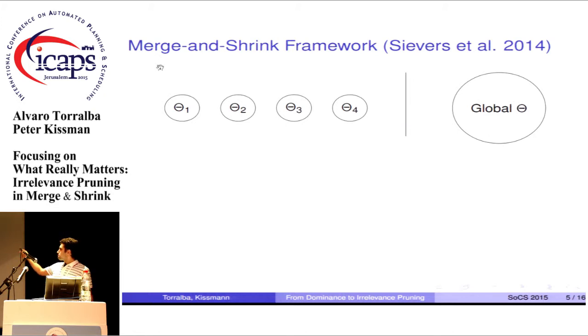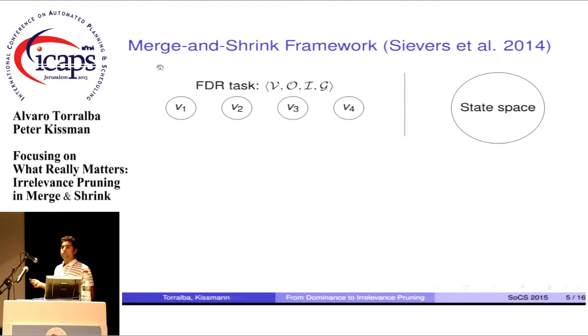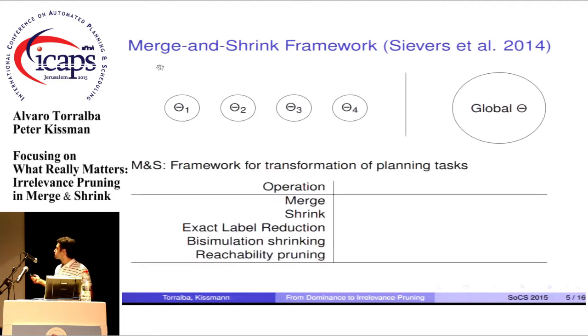Basically, in merge-and-shrink, we have this set of transition systems that initially are the variables in our problem, and they implicitly define a global transition system, which is the product of all of them. This has exponential size, so it cannot be represented, but they implicitly define this global state space. This somehow reminds us of a planning task. We have the variables that implicitly define your state space, so it's basically the same.